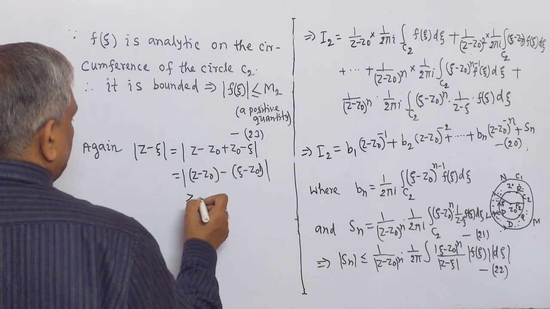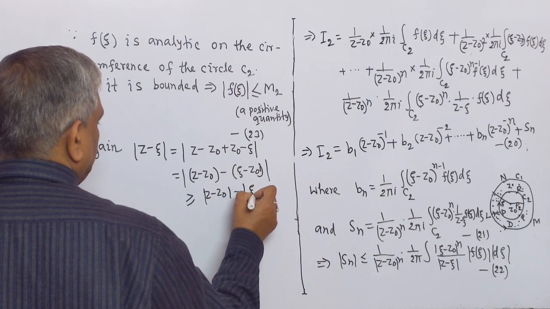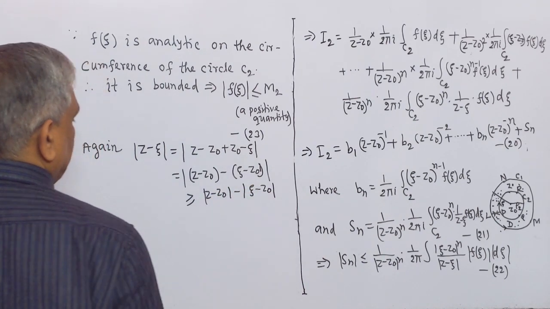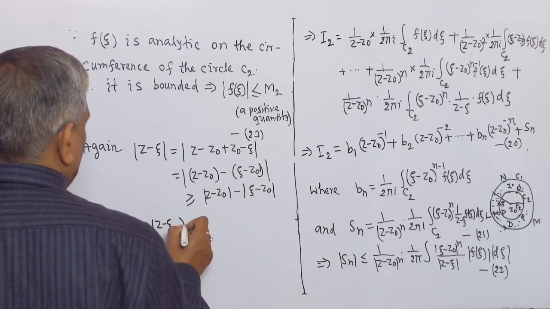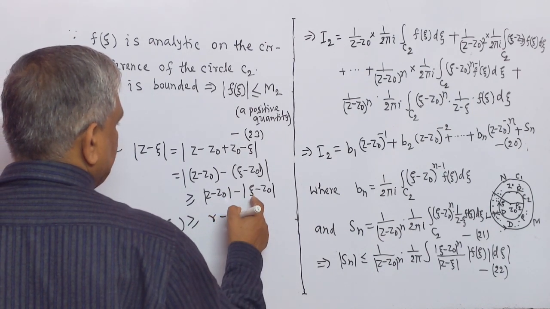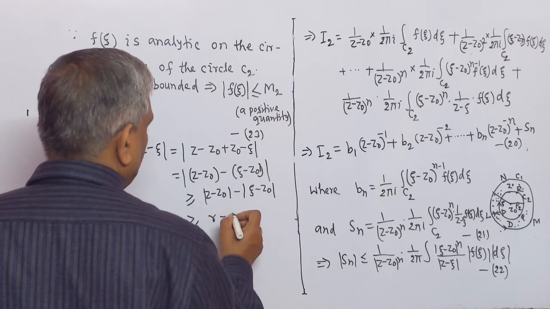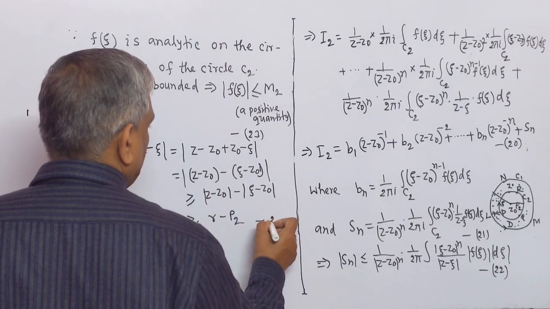This is greater than equal to modulus of z minus z naught minus modulus of xi minus z naught. Implies that modulus of z minus xi greater than equal to r minus rho 2, where modulus of xi minus z naught is rho 2. Let this be 24.